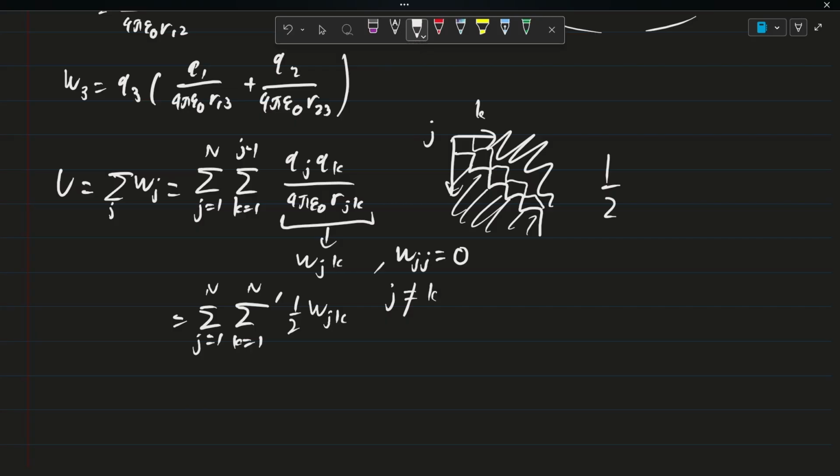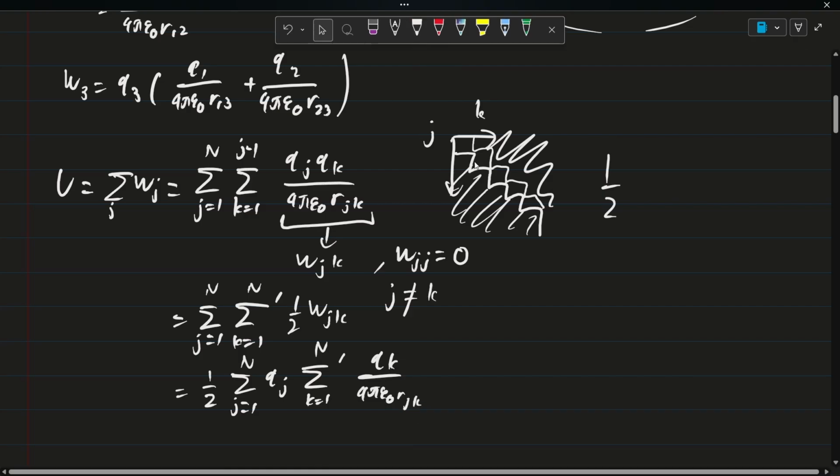And also you could simplify this much further by noticing that you could just bring the half towards the front, sum of j equals 1 until n, and then there's the Qj, which could be brought out because this is not a function of k. So it will be Qj times the sum of k equals 1 until n, with the prime, of Qk over 4 pi epsilon 0 Rjk.